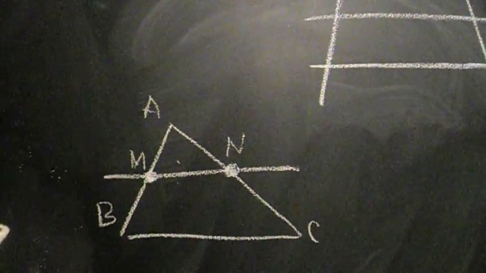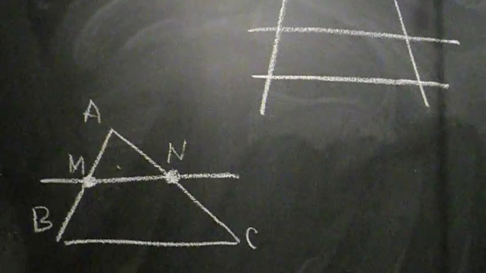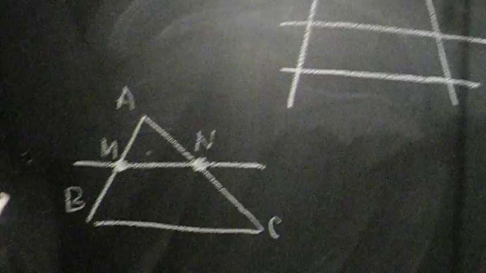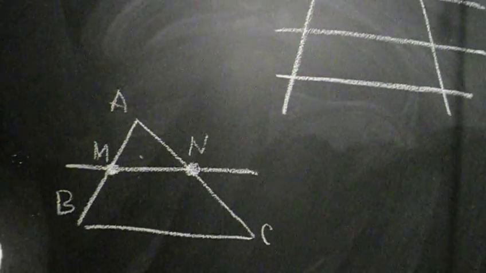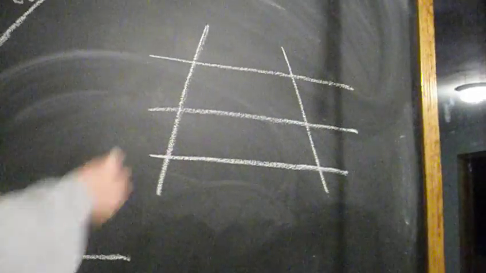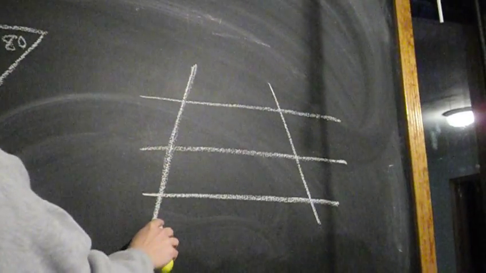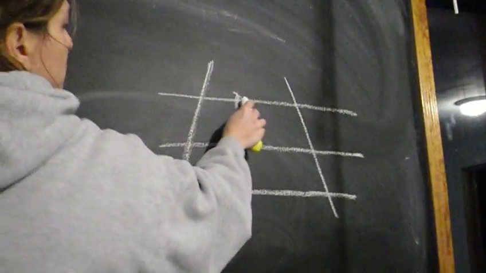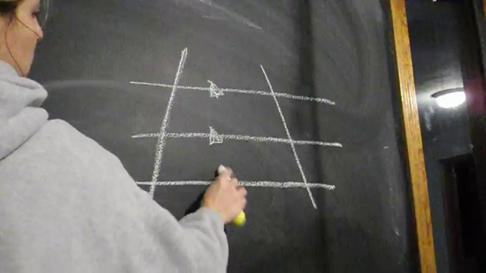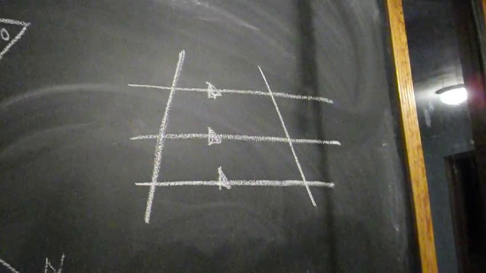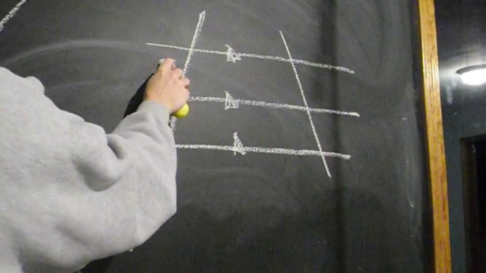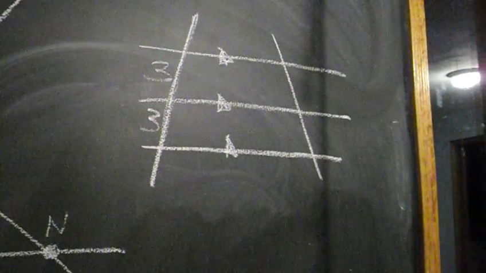Theorem 4.8: if 3 parallel lines cut off congruent segments on one transversal, then they cut off congruent segments on every transversal. Here's a transversal, and these are parallel, so we have to know that these are parallel. Let's say those are parallel, and here's my transversal, and I say that this is congruent to this.